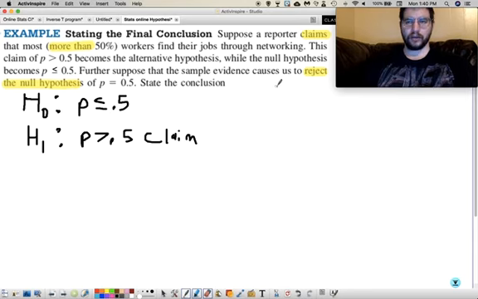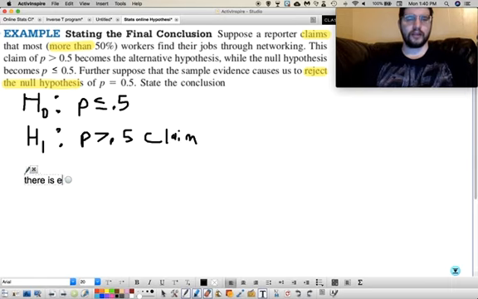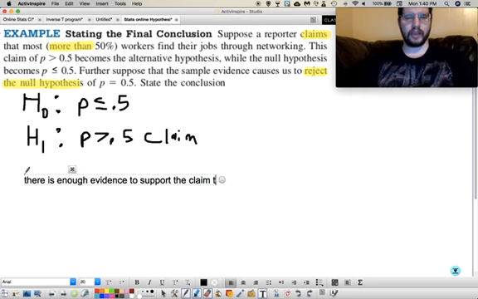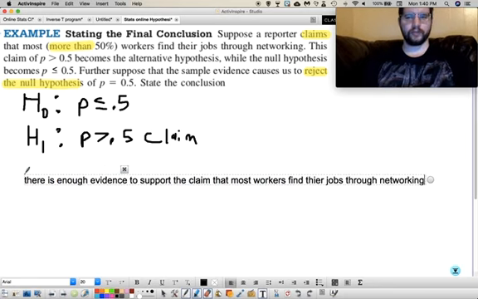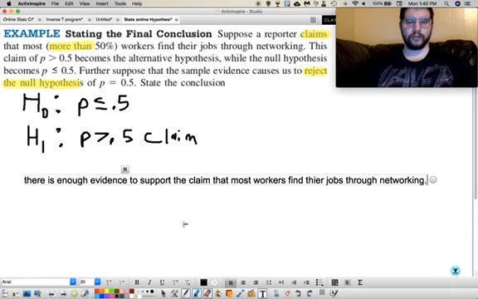Since we rejected the null and the claim is in the alternative, we can say there is enough evidence to support the claim that, what do they claim? Most workers find their jobs through networking.